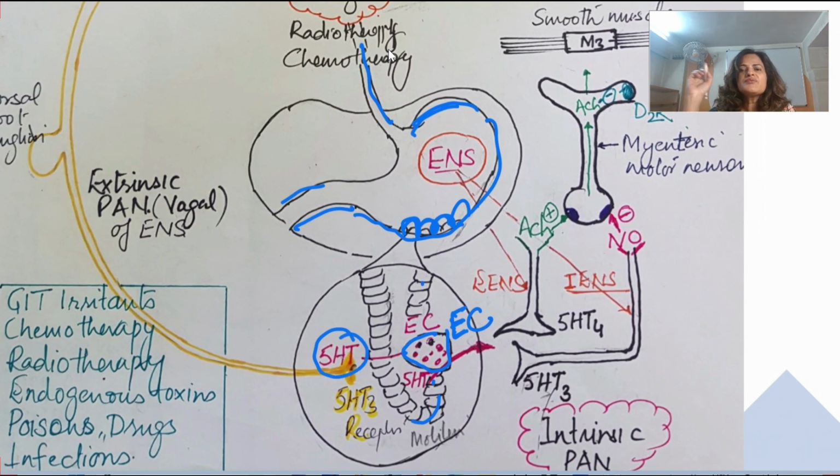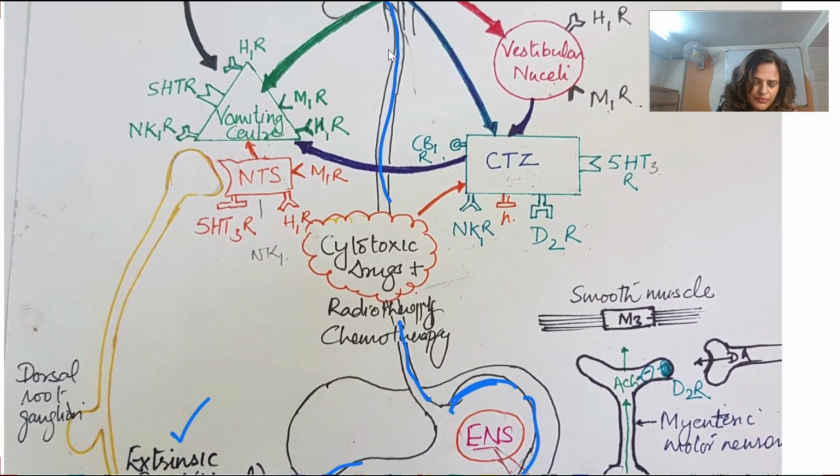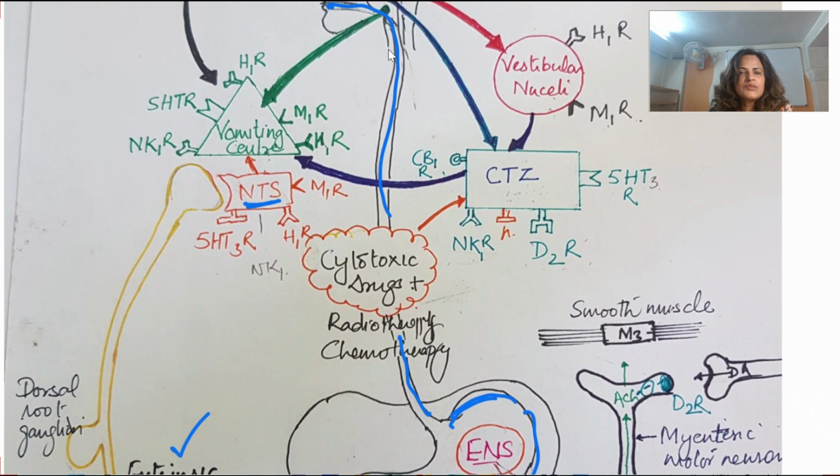This 5-HT further stimulates the extrinsic and intrinsic enteric nervous system. Through the extrinsic primary afferent neuron, it carries the impulses to the nucleus tractus solitarius, which further stimulates the vomiting center.